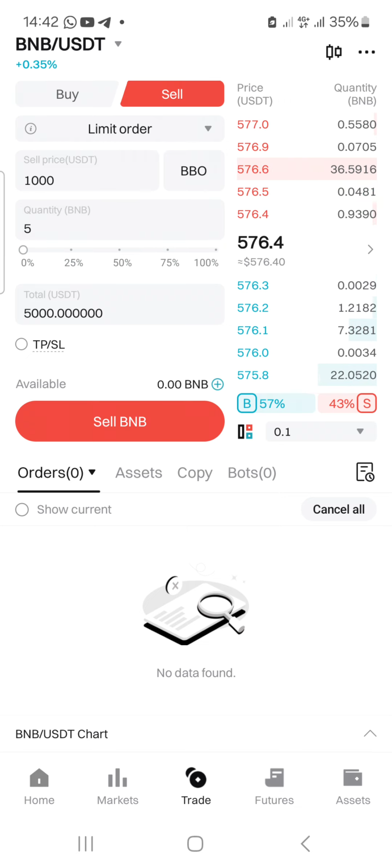I also taught you that if your USDT is in the funding account on Bybit, you cannot trade with it until you transfer it to the unified trading account. That's where you can trade it. I also taught you that if you choose a pair that is paired with USDT, you cannot buy that pair if you don't have USDT. And if you want to sell a pair, you cannot sell it if you don't have the base coin in your assets.